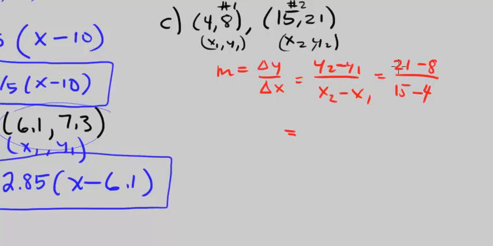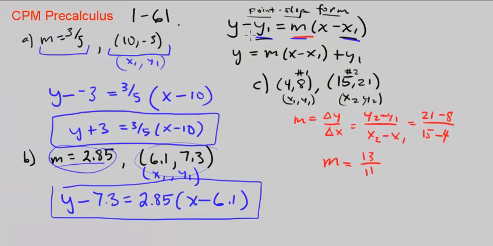So 21 minus 8 is 13, and 15 minus 4 is 11. Now we have our slope, right? We need a slope and a point for our point-slope form.